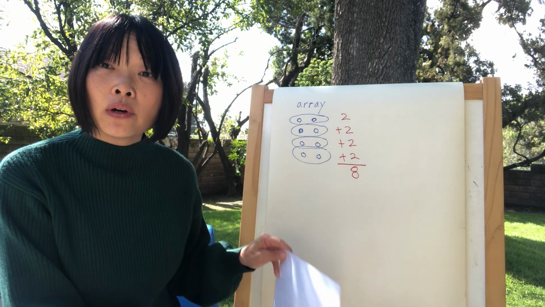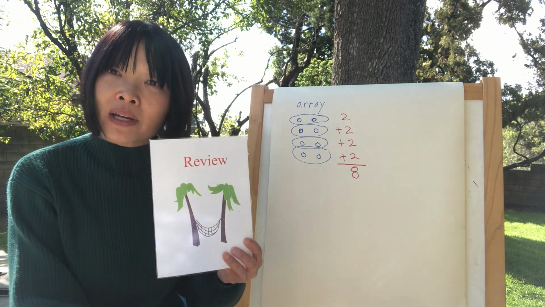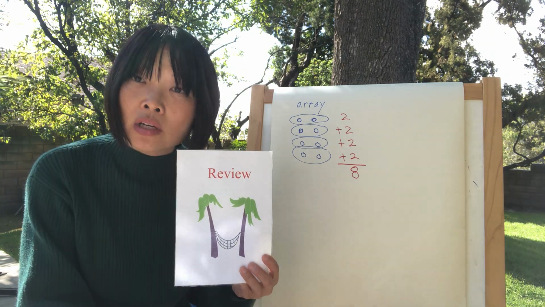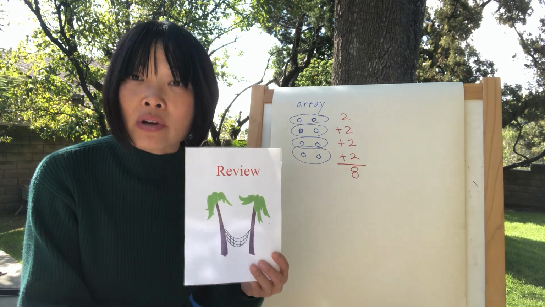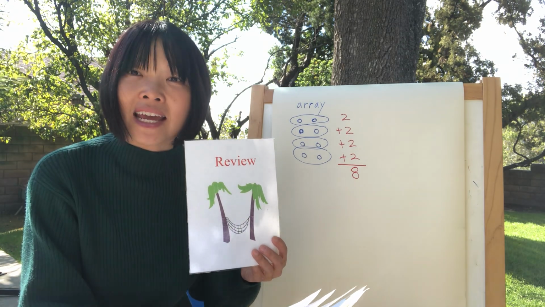Now let's review what skip counting means. Skip counting is, for example, counting by 2s, counting by 3s, counting by 5s, or counting by 10s.